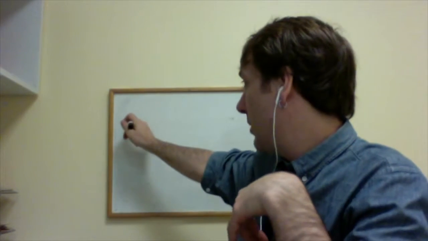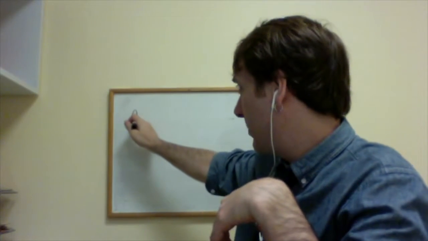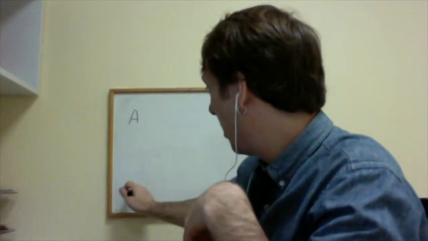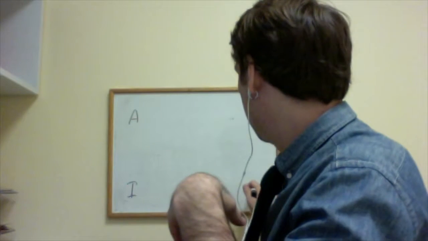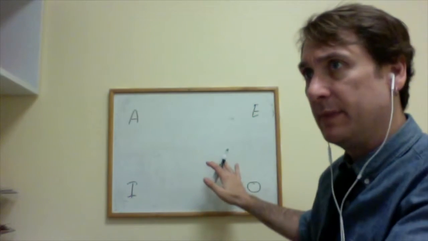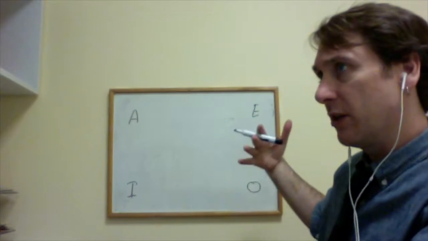So you recall from last time our four kinds of propositions. So we have our A proposition, our E proposition, our I proposition, and our O proposition. I'll write them in this way so that we can talk about them in a little bit more detail.